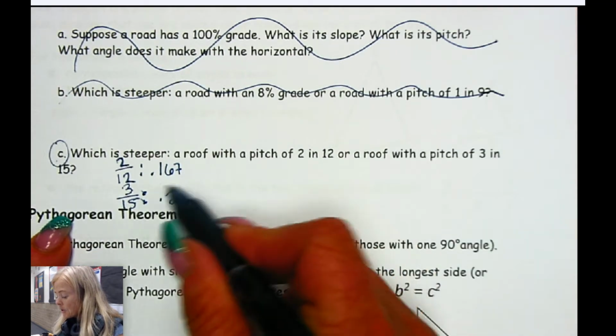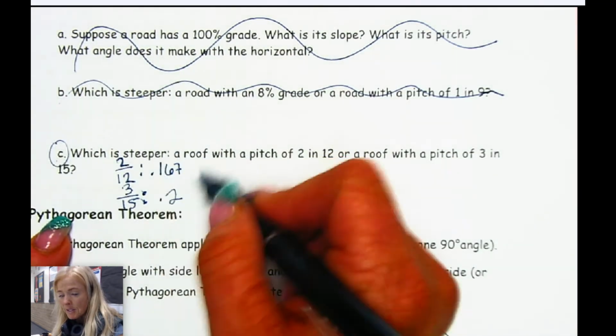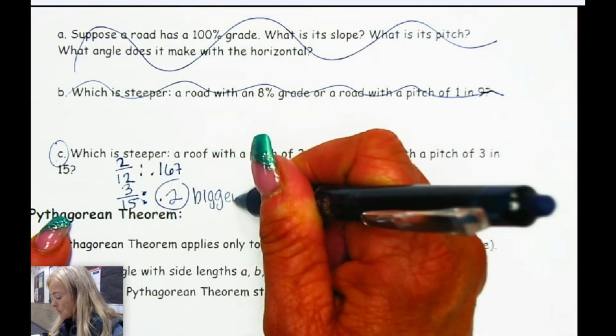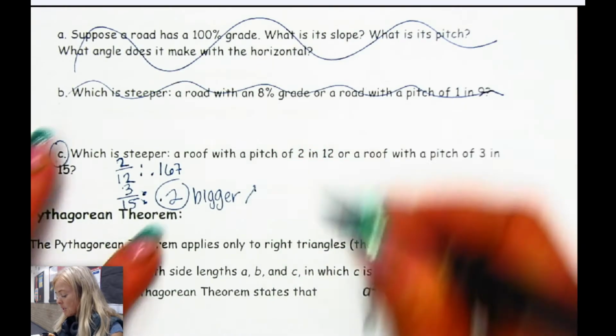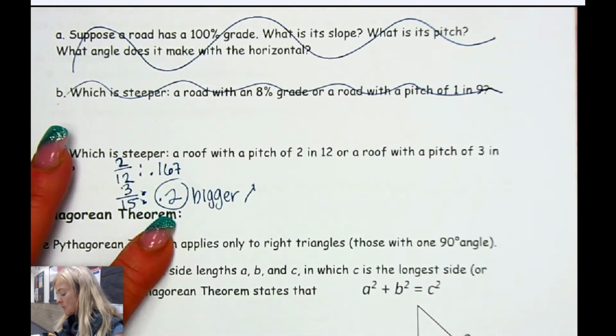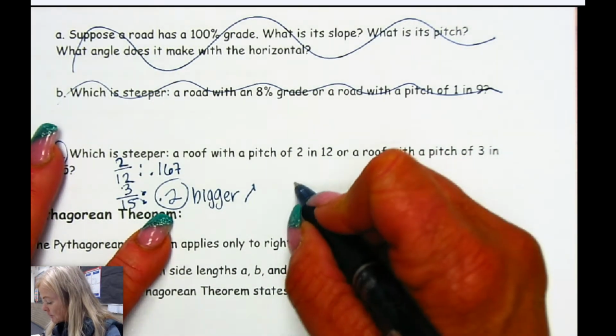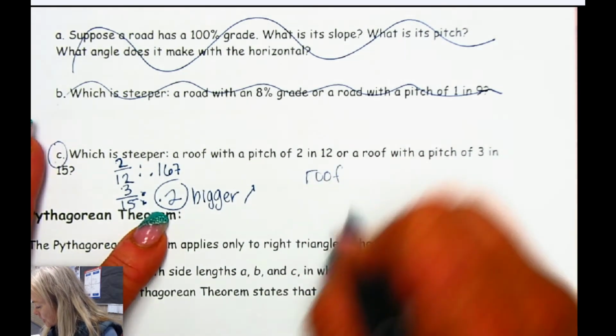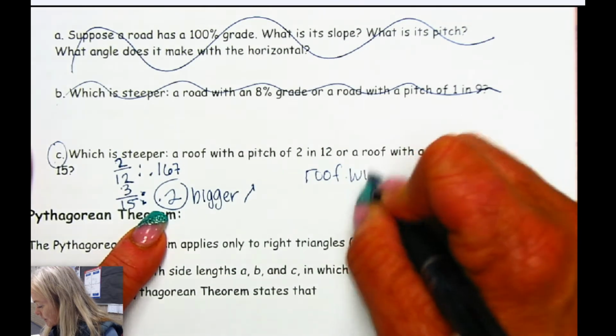Now, 0.2 is greater than 0.167, so it's a greater slope, which means it's going to be steeper. So the bigger the slope, the steeper it is. So it's going to be the roof with a pitch of 3 in 15.